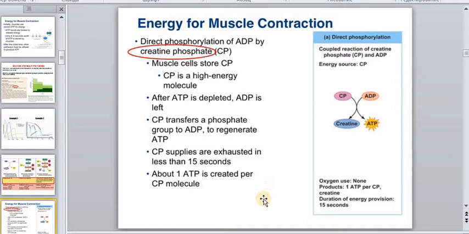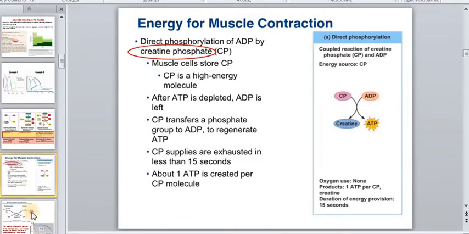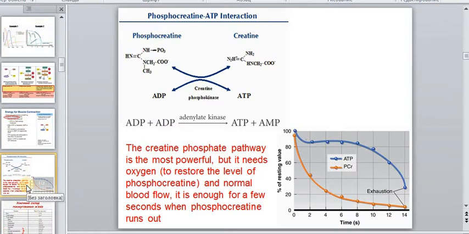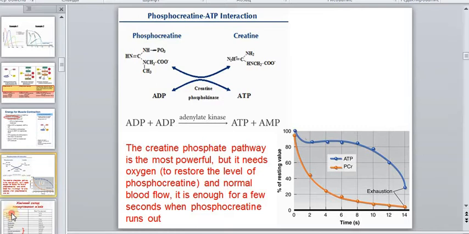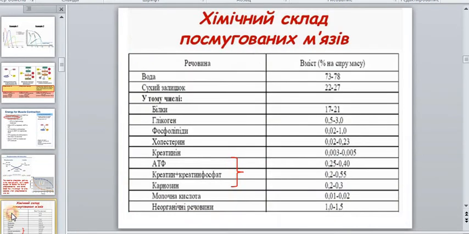We need a lot of blood flow with oxygen bound to the hemoglobin protein. So we need blood flow and oxygen for production of energy. It is enough for a few seconds. Then phosphocreatine runs out. The next step is the anaerobic breakdown of glucose.